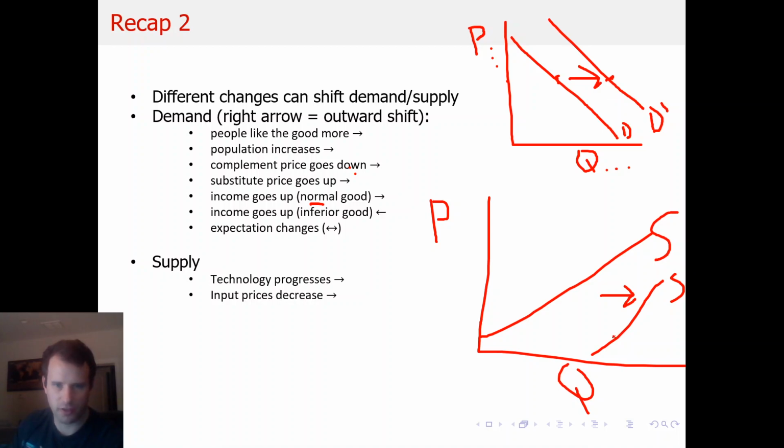The lower the cost, the more suppliers can afford to produce in the market, so the higher the quantity supplied. Industry size increases for the same reason. If there are more suppliers, then there's going to be higher quantity supplied.